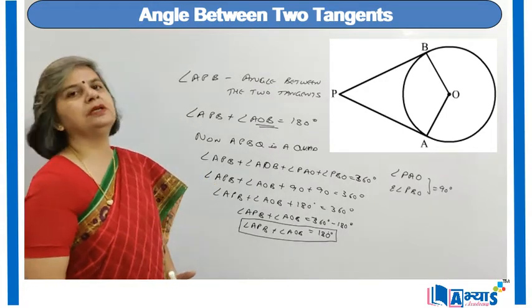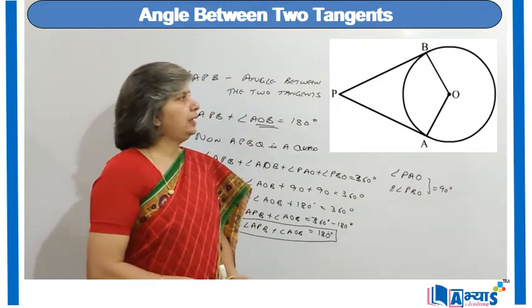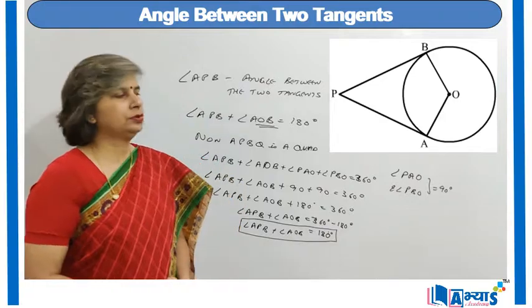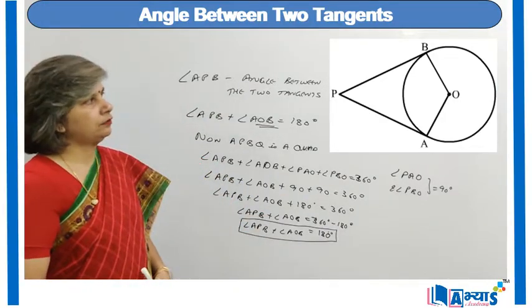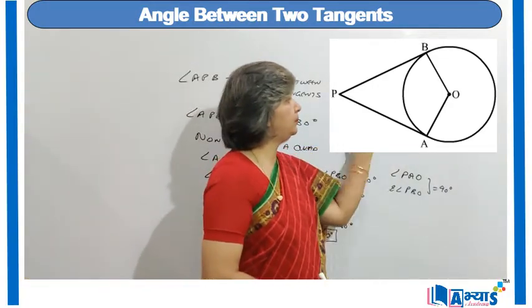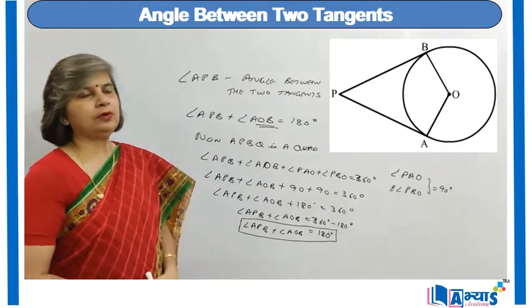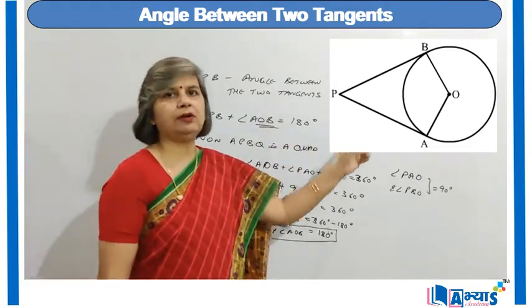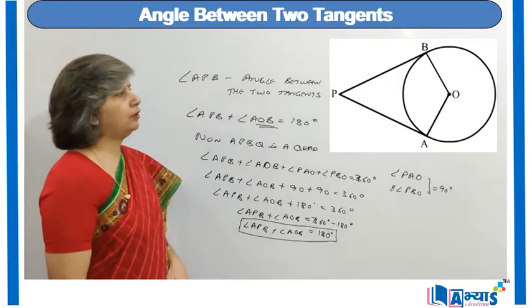So this is how we can prove that the sum of angle APB plus angle AOB is equal to 180 degrees. What we have taken is that APBO is a quadrilateral. So the sum of angles of a quadrilateral is equal to 360 degrees, and out of the four angles, angle PAO and PBO are each equal to 90 degrees, because we know that the tangents make an angle of 90 degrees with the radius, and OA and OB are the radii of the circle.